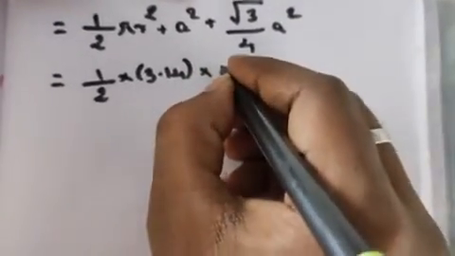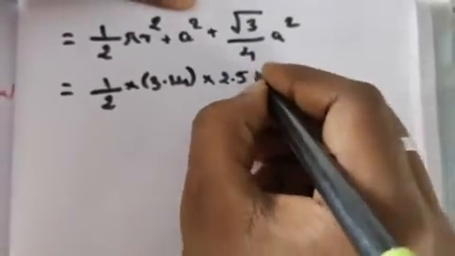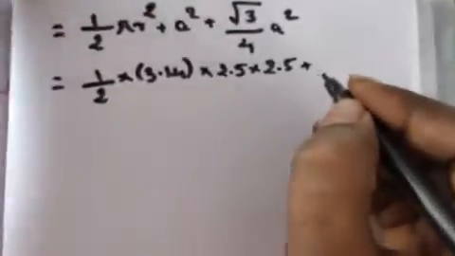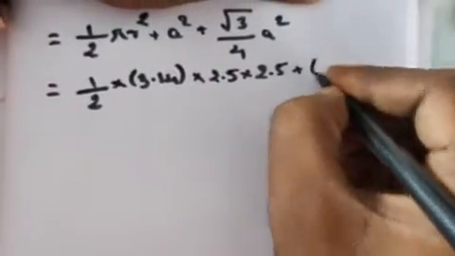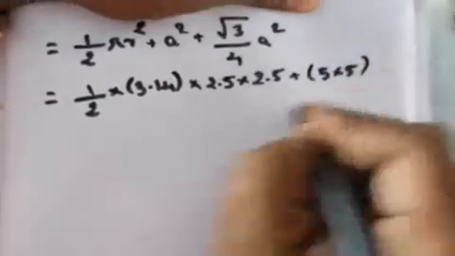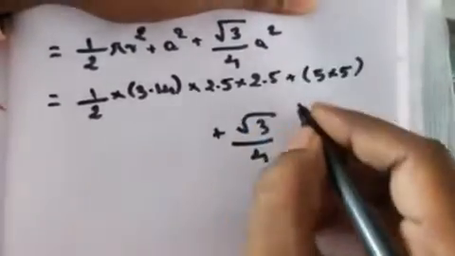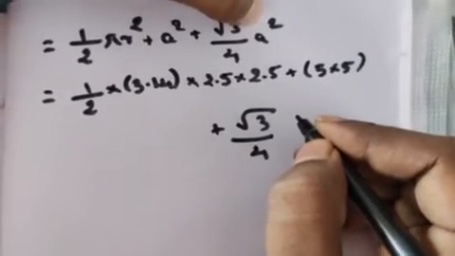Therefore, apply here 2.5 into 2.5 plus what is your a here? a is the side of the square. Therefore, a is 5. Therefore, 5 into 5 plus root 3 by 4. The side of the equilateral triangle is 5.